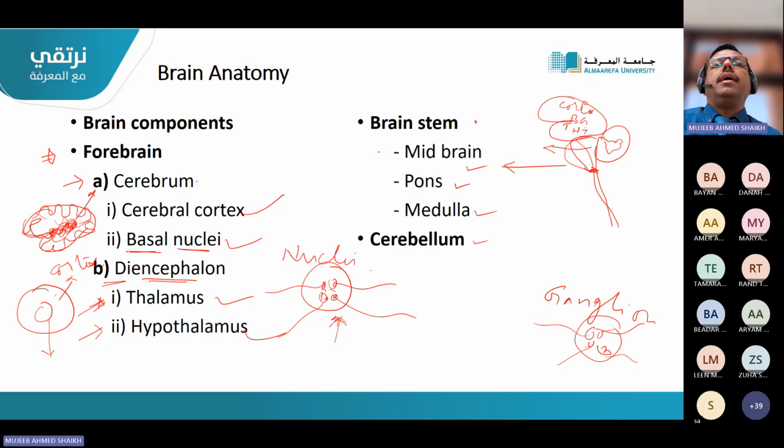Whereas the area in continuation of the cortex or cerebrum is the brainstem. This brainstem consists of midbrain, pons, and medulla oblongata. And the continuation of the medulla oblongata will be the spinal cord.